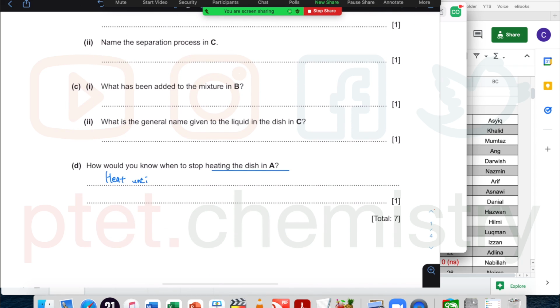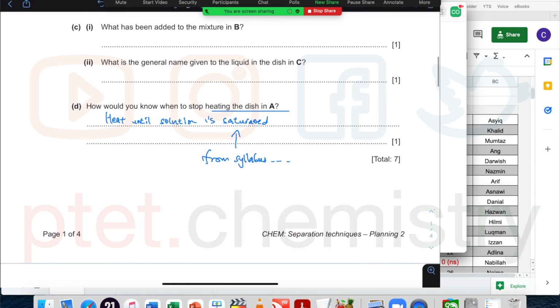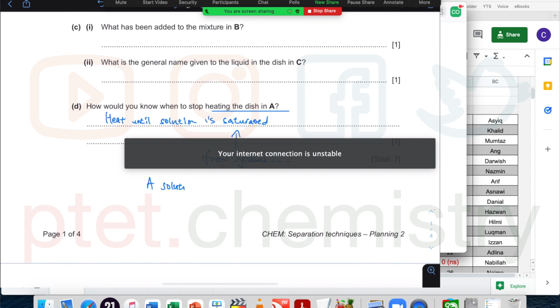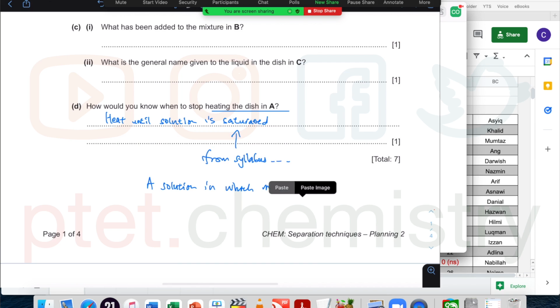How do you know the solution is saturated? This is a term stated in the syllabus, straight from your syllabus. If you look back at your notes, a saturated solution is a solution that has the maximum amount of solute in a solvent. Maximum means the greatest, the largest amount.